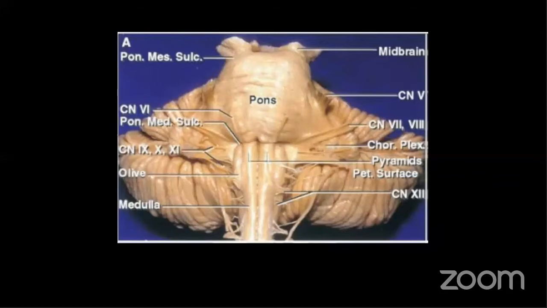Sorry, Uzair, what are you showing? We can't see what you're showing. This is actually, we are visualizing the roof of the fourth ventricle from below upwards. You have to reshare because some people cannot see your slides. I can see, but other people cannot. Uzair, can you hear? Yes.